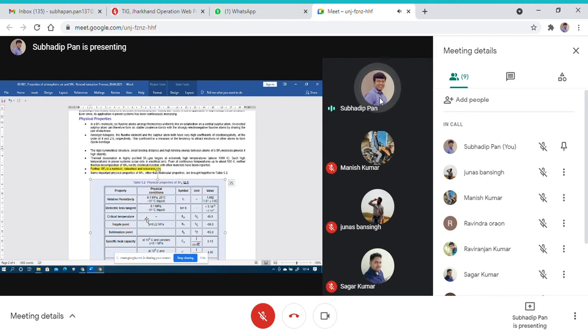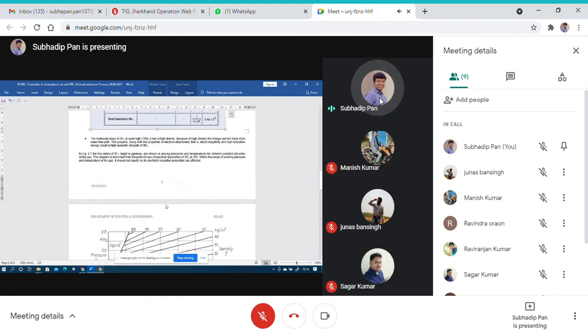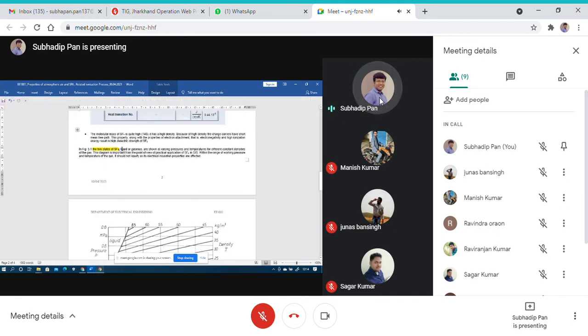Now there will be some figure. As I already told, there are two states of dielectrics: one is liquid dielectric, another one is gaseous dielectric, shown at varying pressure and temperature. When SF6 gas is used as a liquid dielectric, it has a different temperature and pressure, and when it is used as a gaseous dielectric, it has a different pressure and temperature.